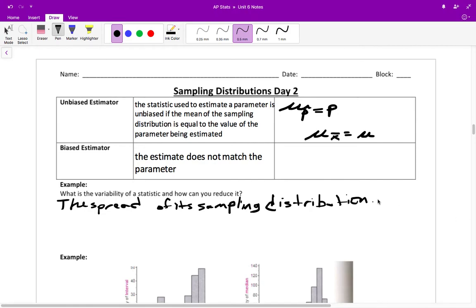Okay, so this spread is determined mainly by the size of the random sample.